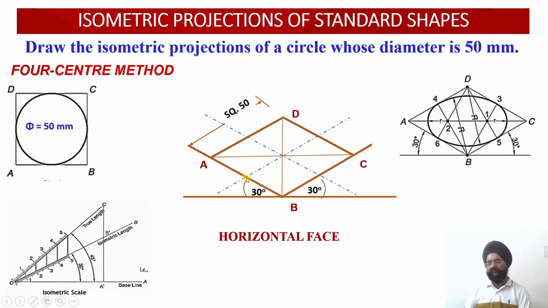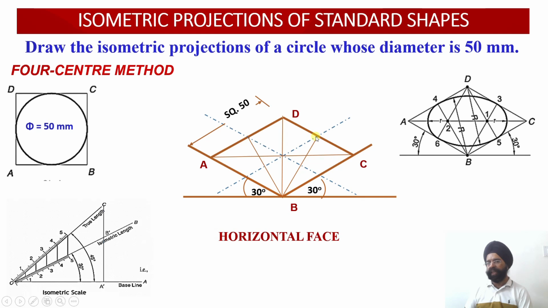Now once again, we are going to obtain the center points of all the four edges. So the center points have been obtained. Now from the minor diagonal, we are going to draw two projectors onto the midpoints of the opposite edges. Opposite to corner B, my two edges are CD and DA.